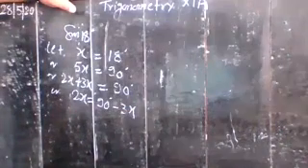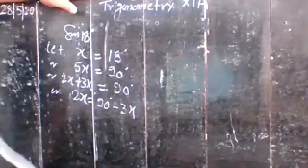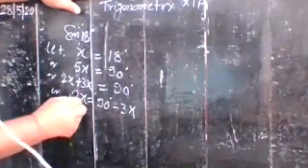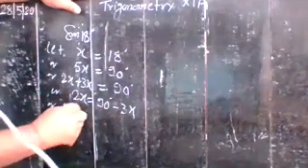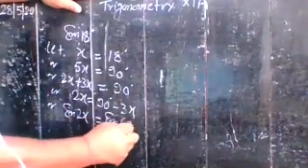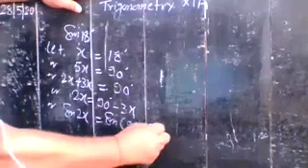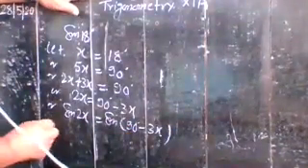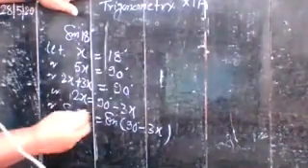Now taking sine on both sides. So if you apply sine here, you have sine 2x, and here you have sine of 90 minus 3x. And you already know the formula of sine 2x.